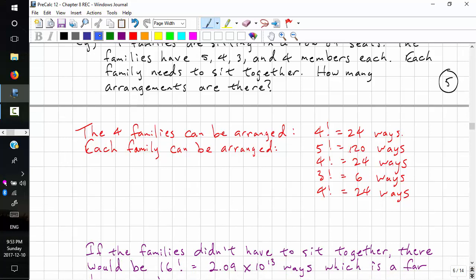So now we can use the fundamental counting principle for the total count, because each of these are independent of each other. The way the first family sits has no impact on the way the second family sits, or any impact on the way the third or fourth or the families together.